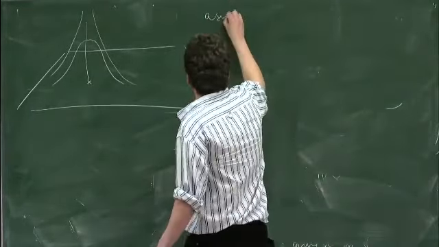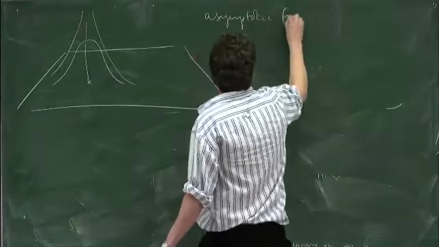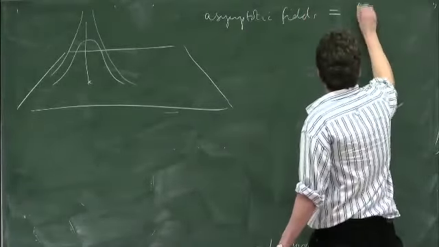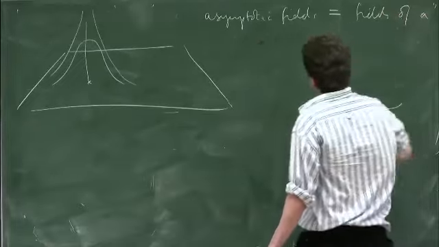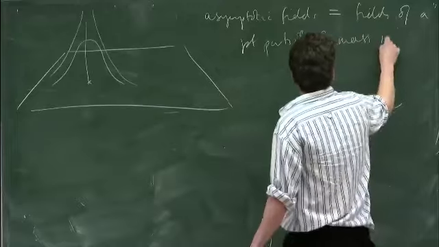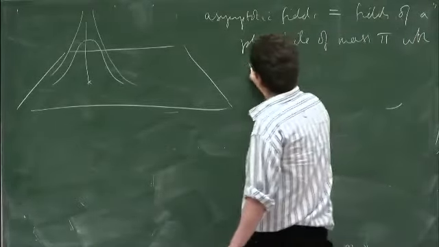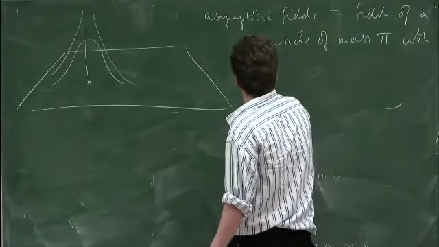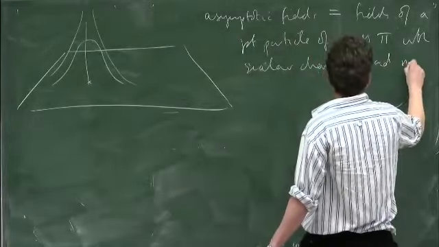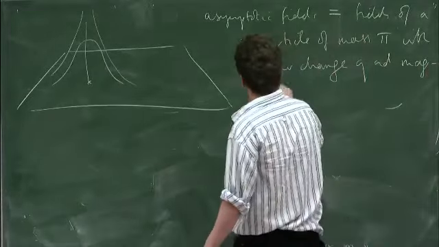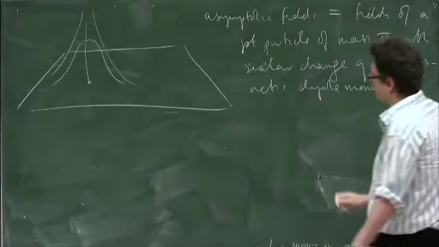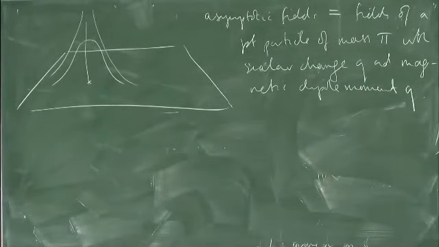And it turns out that the asymptotic fields are exactly the same as the fields of a point particle of mass pi with scalar charge q and magnetic dipole moment q, in the linearization of this field theory about its vacuum.